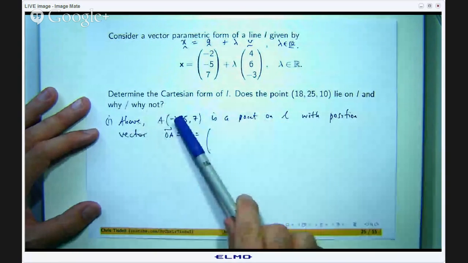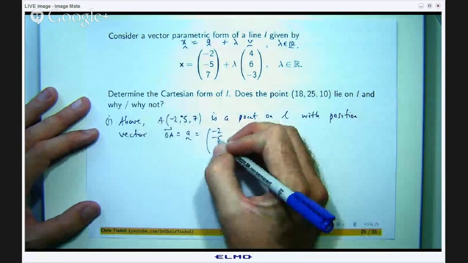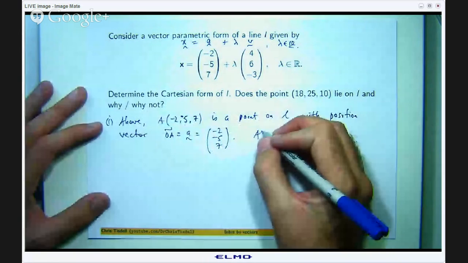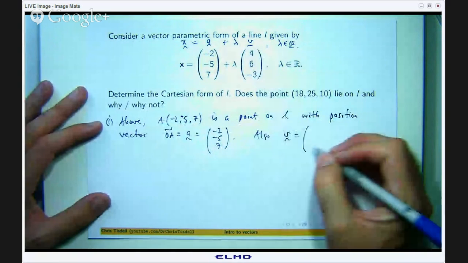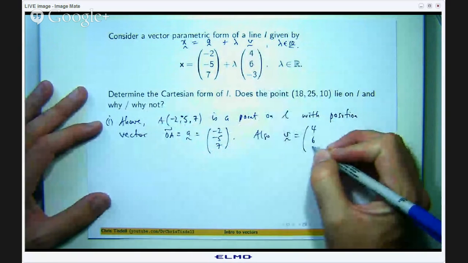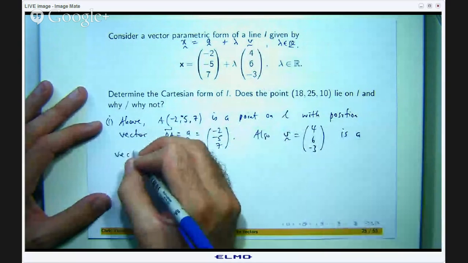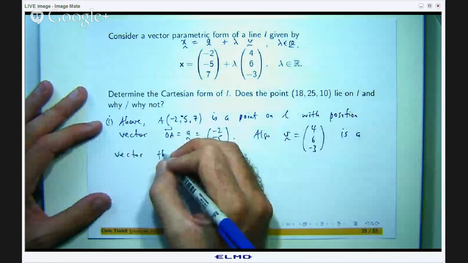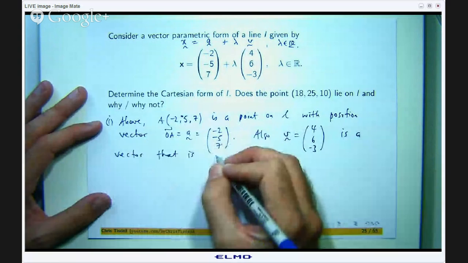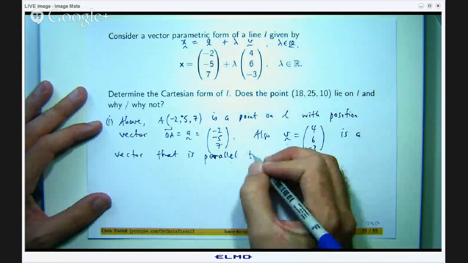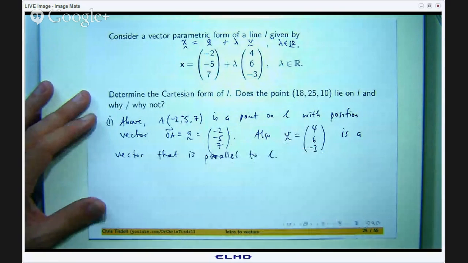You just take this and write it as a column vector. Okay. Also, V, which is just this vector here, is a vector that is parallel to the line L.